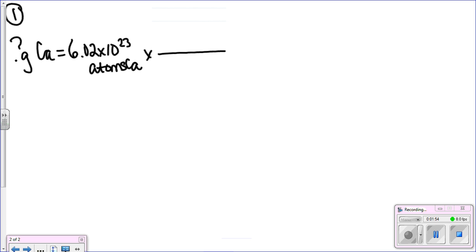So atoms and Avogadro's number, the 6.02 times 10 to the 23rd atoms of calcium, will go in the bottom. Then moles, the box we're going to, will go on the top. Since both of these are calcium, it's going to be 1 mole because it's the same substance.